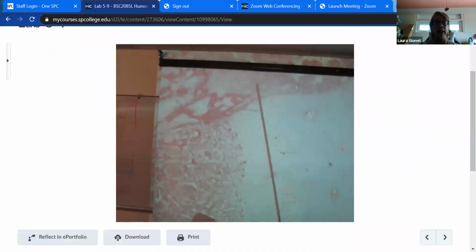Okay, so here he has them in a different sequence, but this region here is a long bone that's kind of on an angle, not quite a 45-degree angle. This end to the upper right-hand corner is the epiphysis, so the knobby end of the bone. And this to the lower left-hand corner is part of the diaphysis.